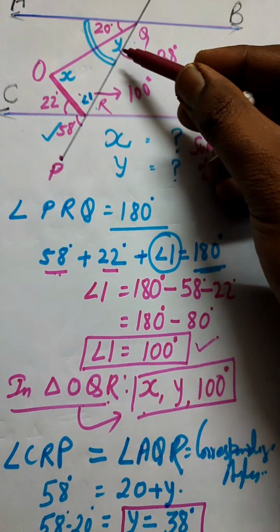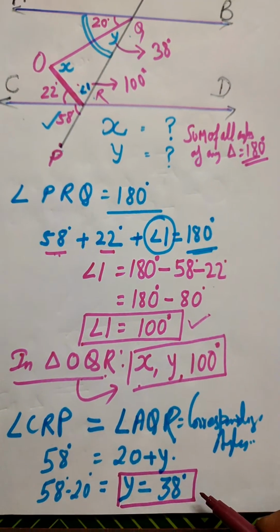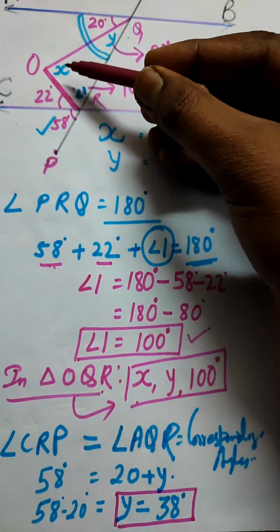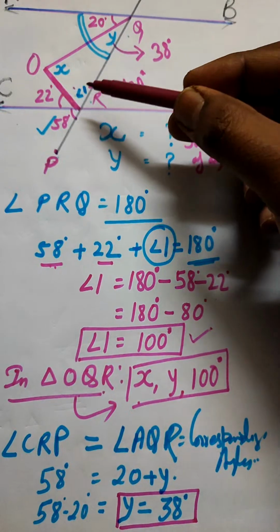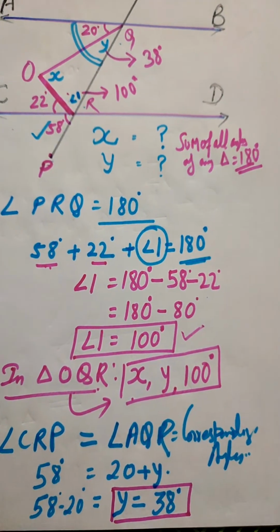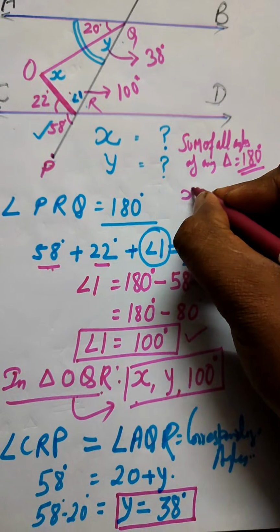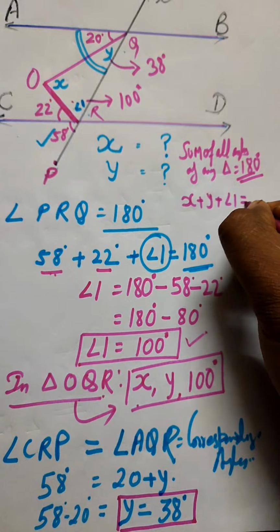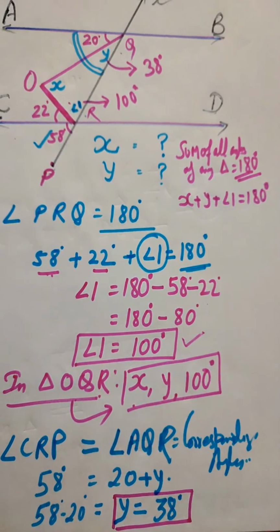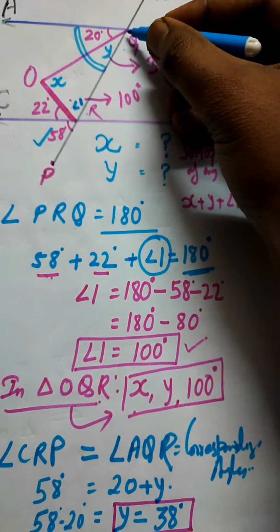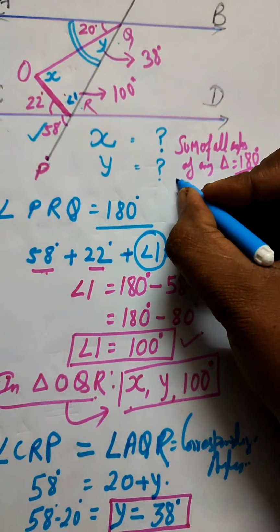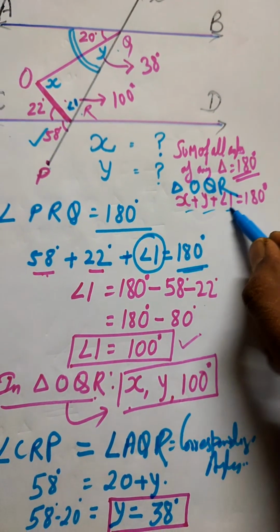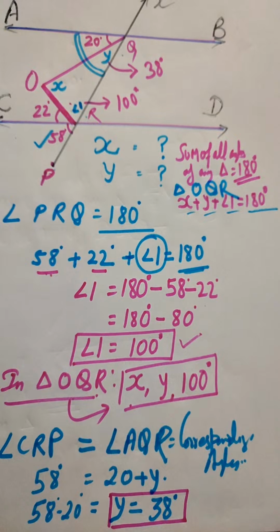We have calculated the value of y as 38, by using the corresponding angles. Now it's very easy to calculate x, because x plus y plus angle 1 will equal 180 degrees. This is for triangle OQR. In triangle OQR, the sum of x, y and 1 will be 180 degrees.